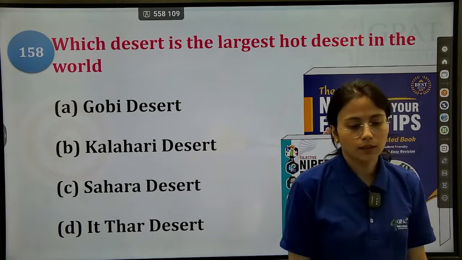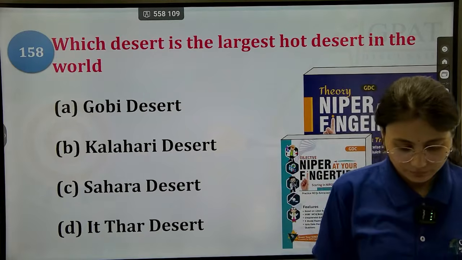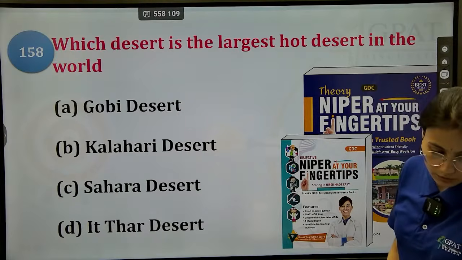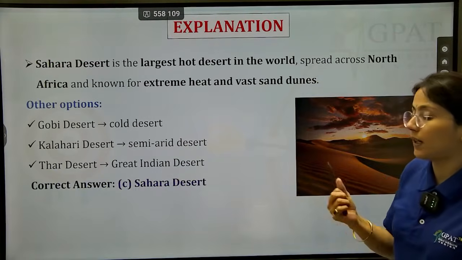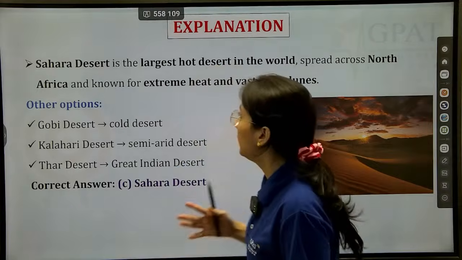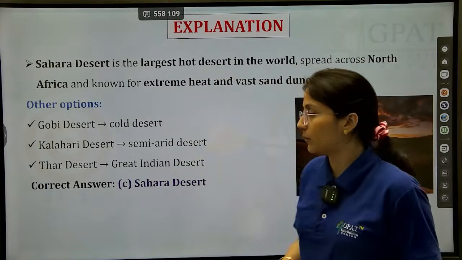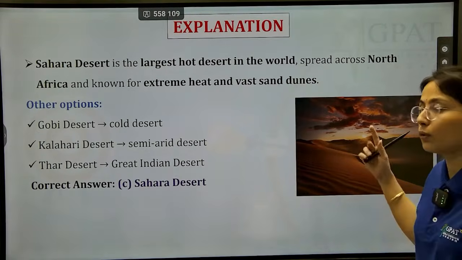Which desert is the largest hot desert in the world? No, not Thar, Vasundhara. That is Sahara Desert. Sahara Desert is the largest hot desert in the world. But Thar Desert is the greatest Indian desert. Okay? Thar is for India and Sahara is for all the world.